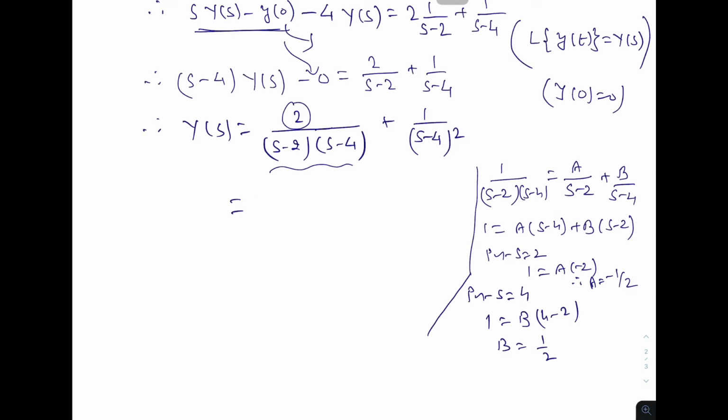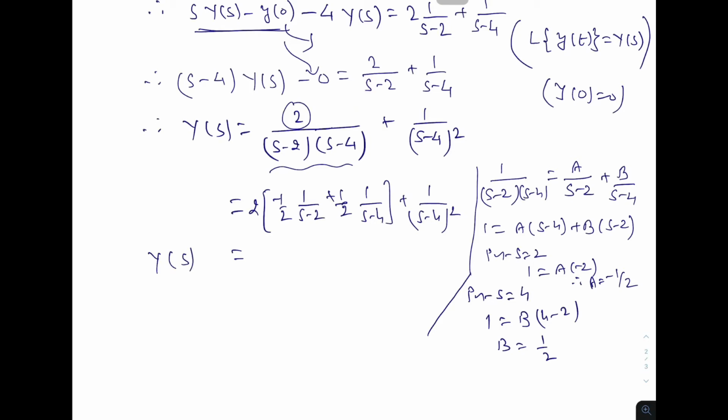So this is step 2: A over s minus 2, A is minus 1 by 2, over s minus 2, plus B over s minus 4, so plus 1 by 2 into 1 upon s minus 4, plus 1 over s minus 4 square.